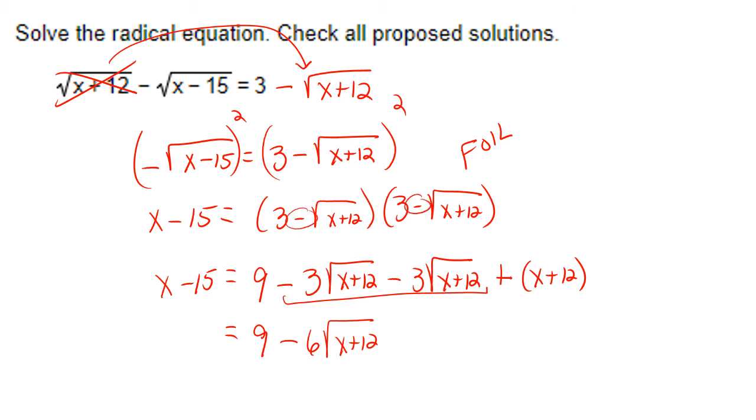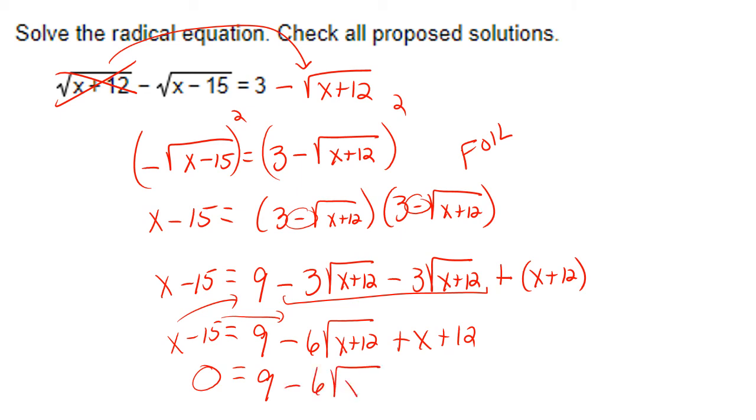So I don't have to worry about the subtraction sign, but I do have a positive x and a positive 12. Now this x minus 15 that's on the left, I want to move those over so that I get this equal to 0. Whew, this is a lot. I have 9 minus 6 with the radical. Then I already had an x and a 12. Now I have a negative x and a positive 15 because I'm moving those terms from the left.